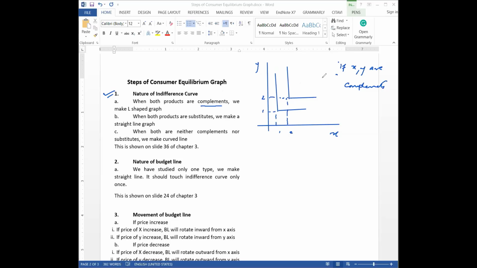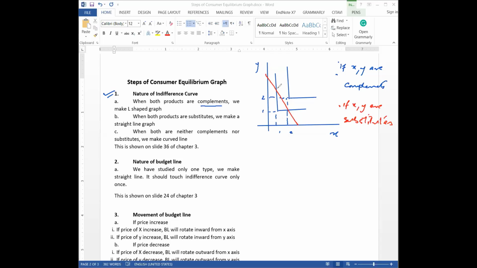Okay. So I will now discuss the next one. If they are substitutes, okay. So if X and Y are substitutes, what we will do is draw a straight line graph, just like a budget line. Because they are perfect substitutes, you can either buy X or Y. So a straight line means there is no change in trade-off.